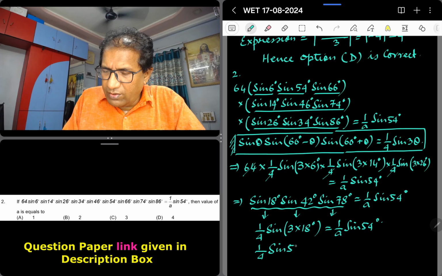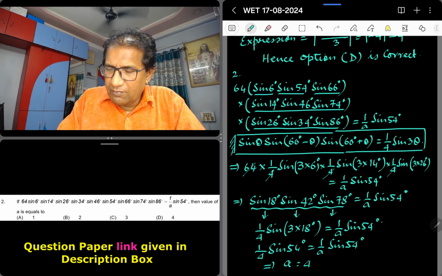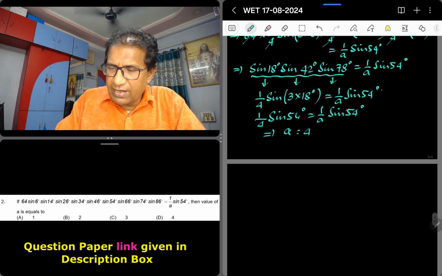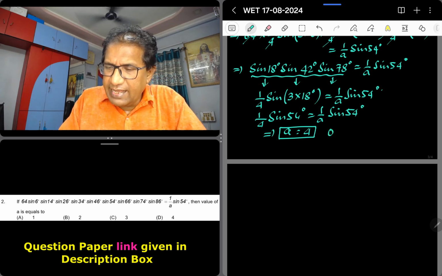This is sine 54 degrees, 1 over a sine 54 degrees. So comparing, we can get A is 4. We are getting A as 4. Hence, option D is correct.